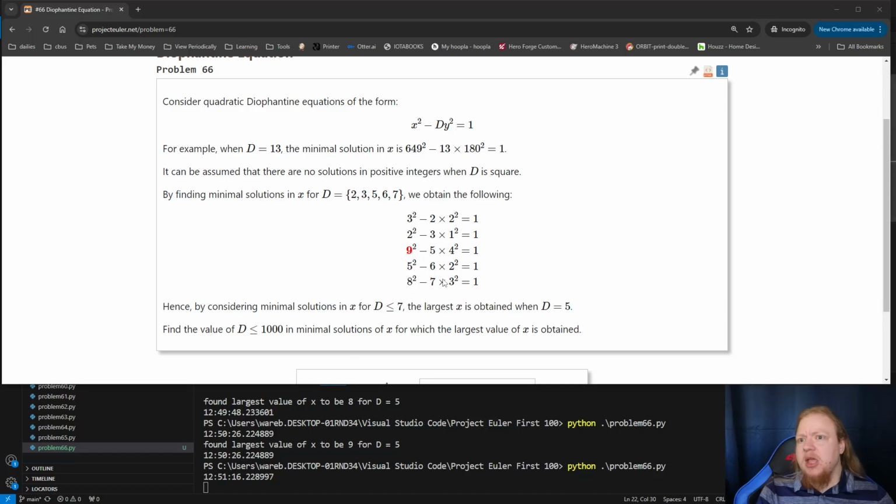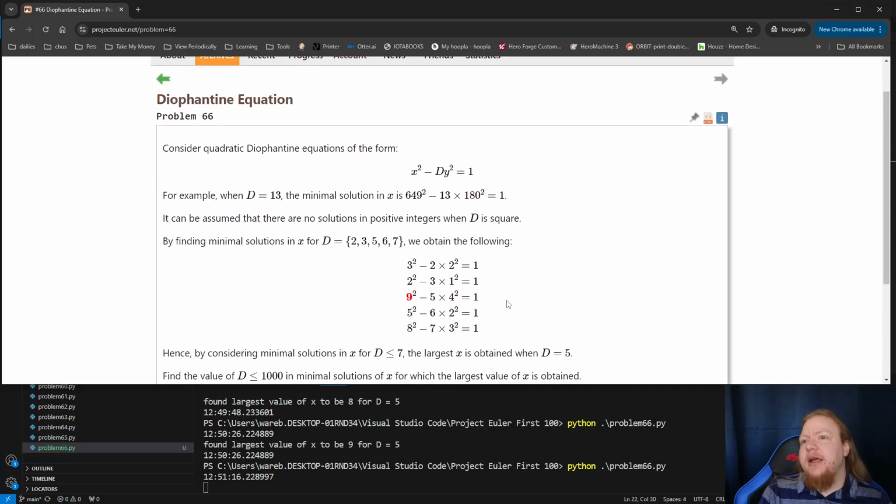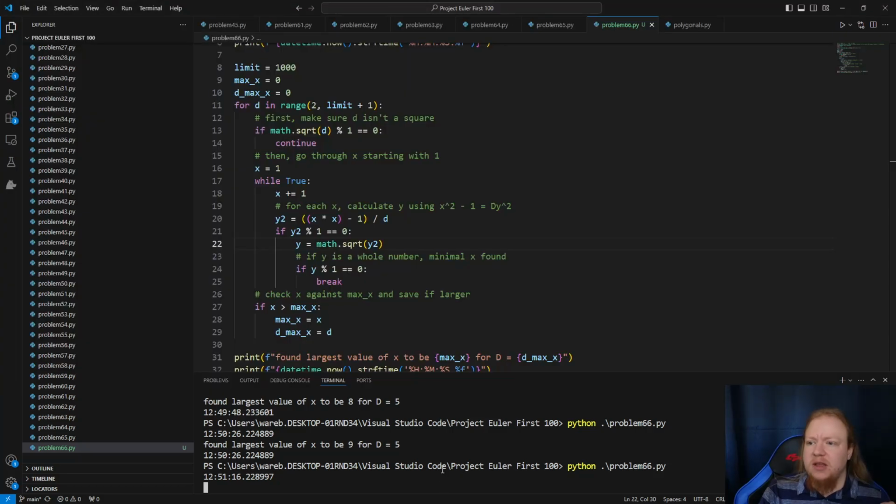There's probably a good way to speed this up, which is, I think that X always has to be... Nope. I'm going to eat my words immediately. I was going to say X always has to be larger than D, but in the case of D equals 3, it doesn't. So, who knows? Kind of just going to see how long this takes. Give it a couple of minutes.